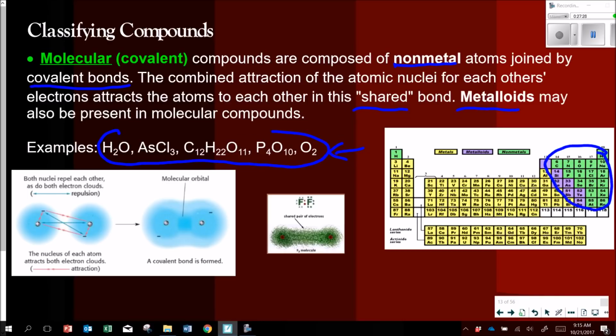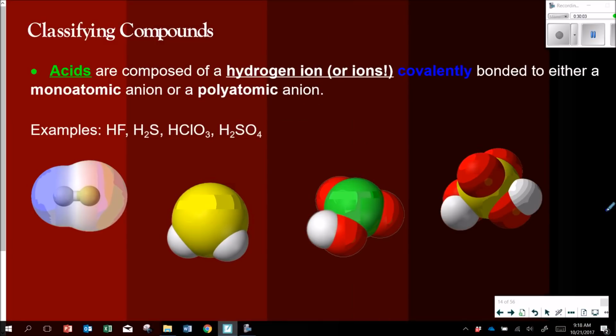Acids are composed of a hydrogen ion or several hydrogen ions covalently bonded to either a monoatomic anion or a polyatomic anion. So for example, HF, which is hydrofluoric acid, has your hydrogen ion here bonded to a fluoride anion.